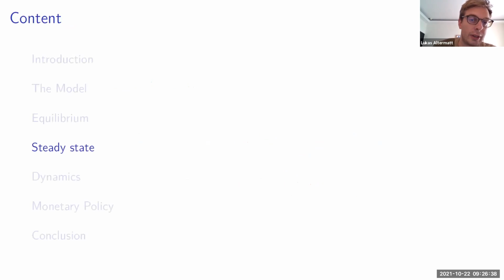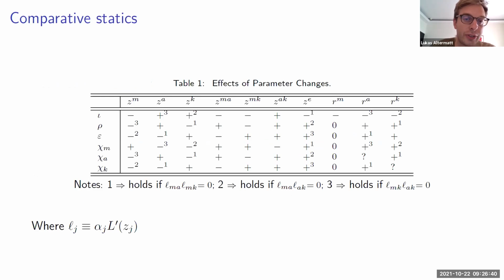Right, okay, let me turn to steady state results. So here are the comparative statics. We derive carefully all comparative statics with regard to iota, which is the opportunity cost of holding fiat money. Rho is the dividend earned on the Lucas tree, and epsilon is a productivity parameter of capital.